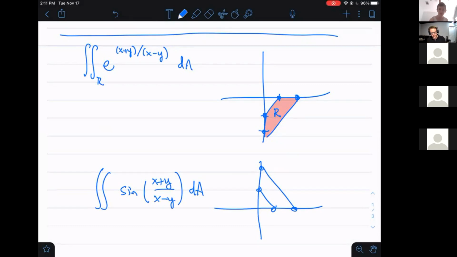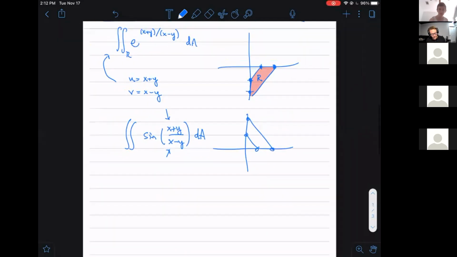Integrating these things where you have a quotient of x's and y's is very difficult. And so you would like to do some sort of substitution here in order to make your integration a bit easier. And so as you probably remember from the WebWork homework, it suggests that you substitute maybe u to be equal to x plus y, and then v can be equal to x minus y. So very similar situation that we're doing for our problem.